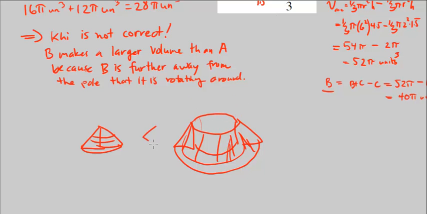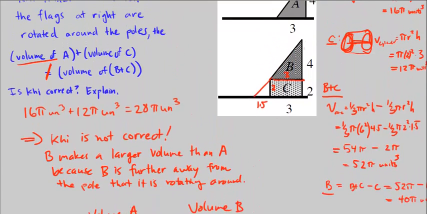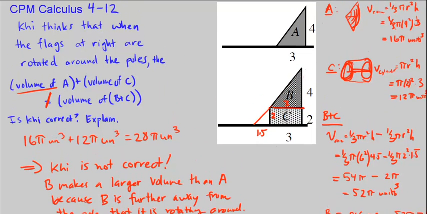But the volume of A is less than the volume of B. Okay? So that ends for us CPM Calculus Chapter 4, number 12.